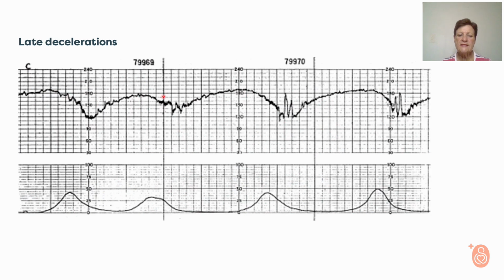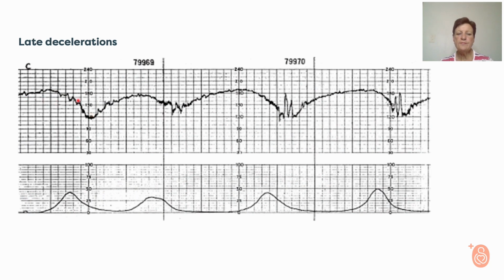So the baseline of this fetal heart rate is just above 180 beats per minute, and you can see that the fetal heart rate decelerates to about 120 beats per minute. So from 180 to 120 is about 60 beats per minute.